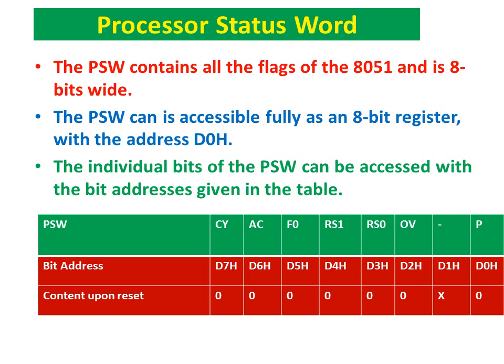And finally carry bit D7 is set to 1 after performing arithmetic type operations when a carry is generated. Like that, this processor status word register decides the status of the processor.